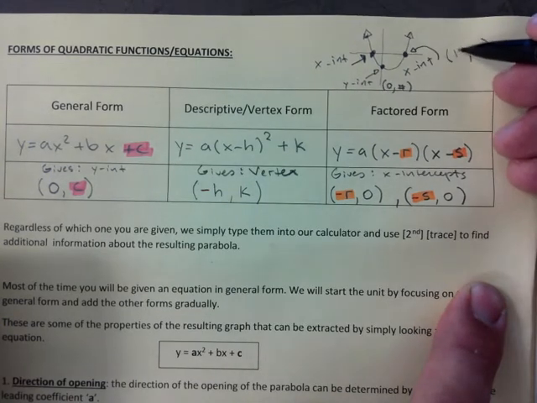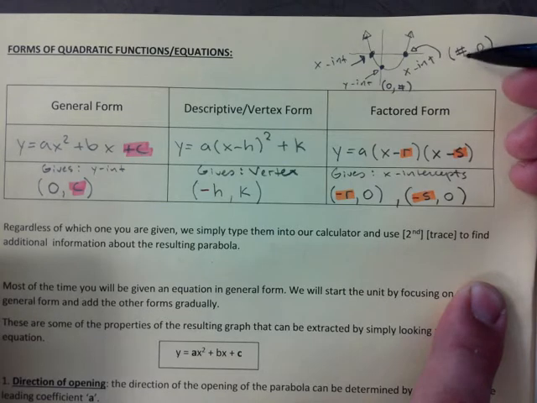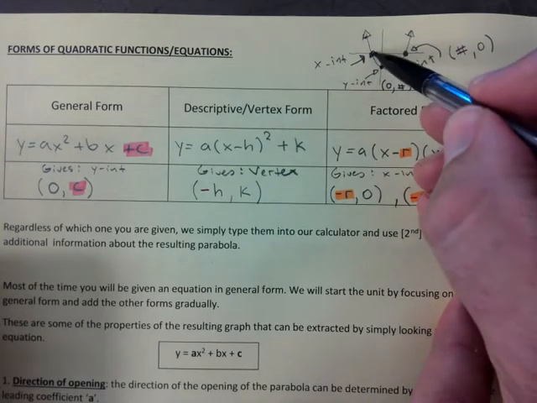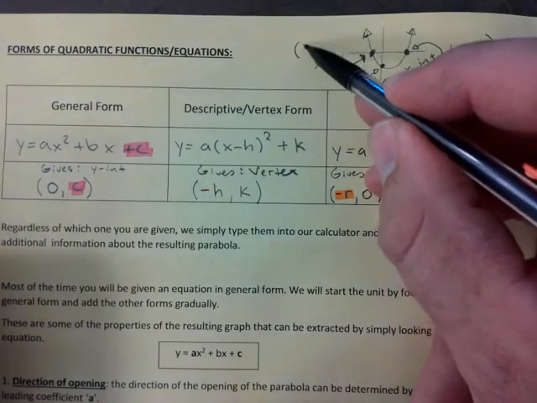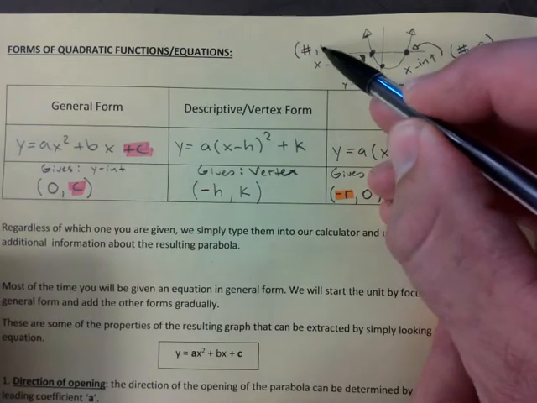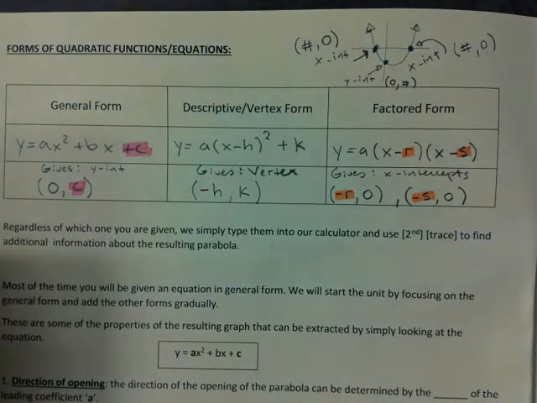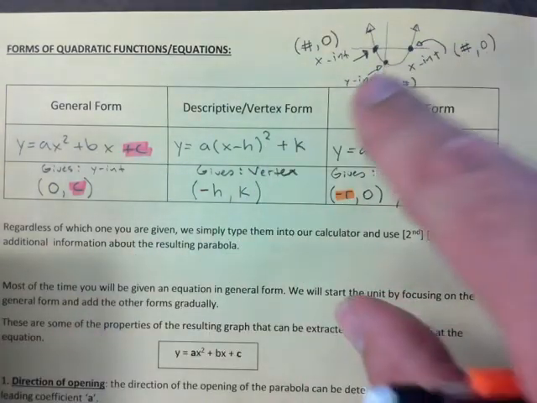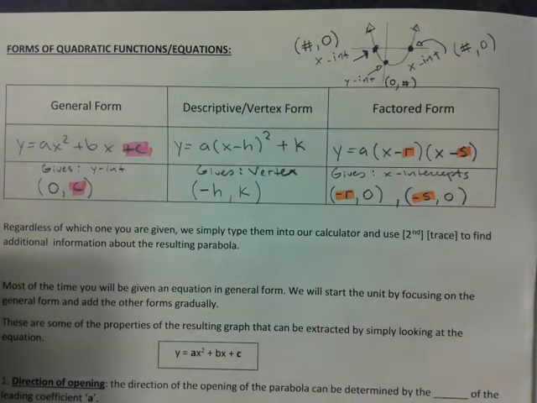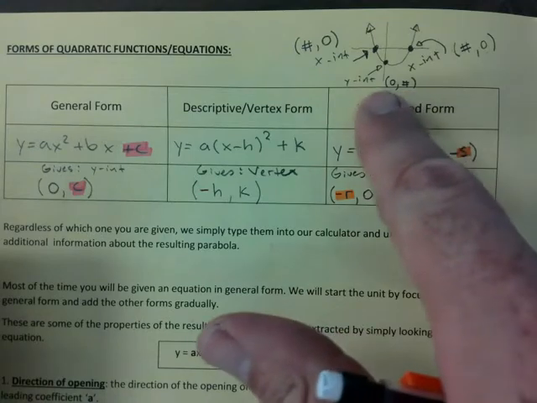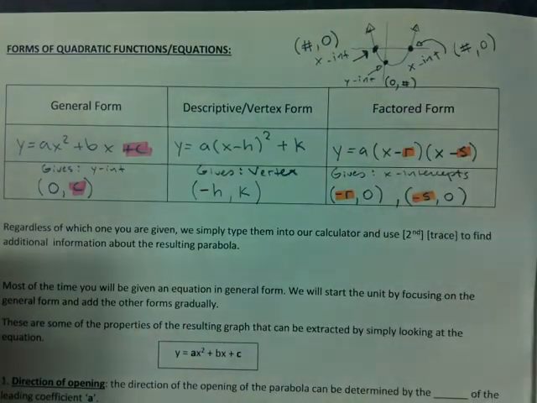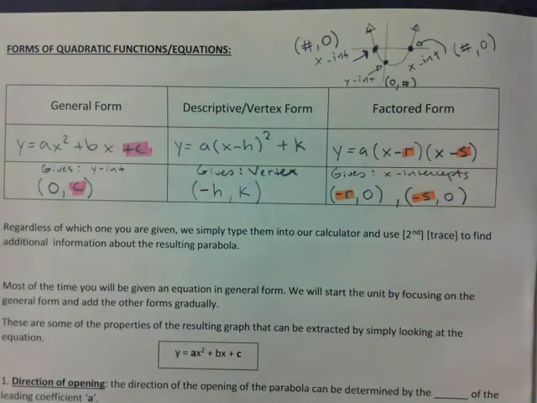So the first number will be some kind of number, and the second one will be 0, y is equal to 0, right? So that's how x and y-intercept are different. Okay. So keep that in mind, that we have x-intercepts and we have y-intercepts. And for x-intercepts, you know the y is 0. For y-intercept, you know that the x is 0 right off the bat, just by hearing those terms.